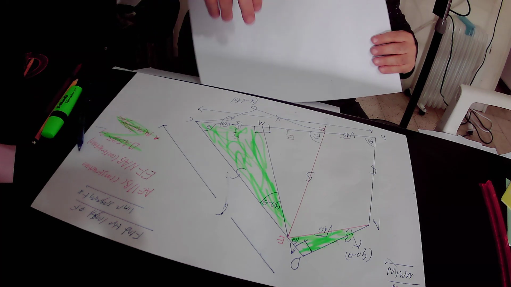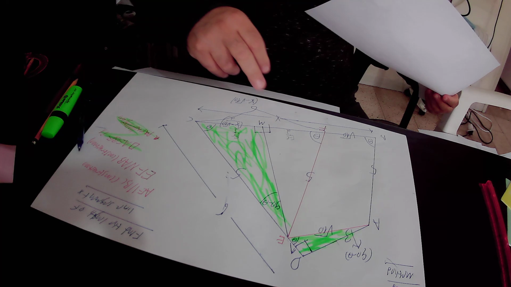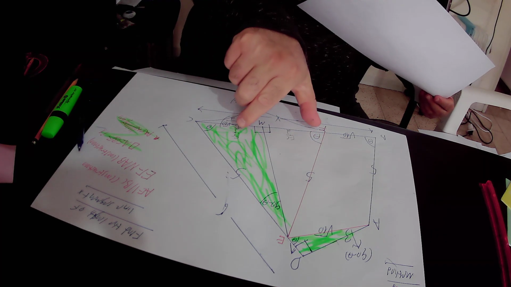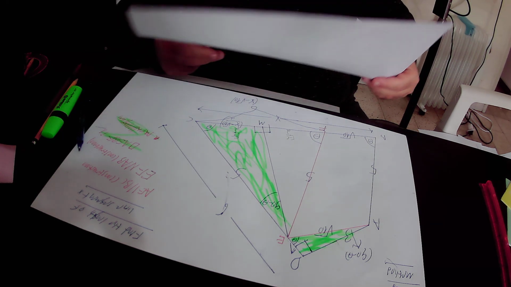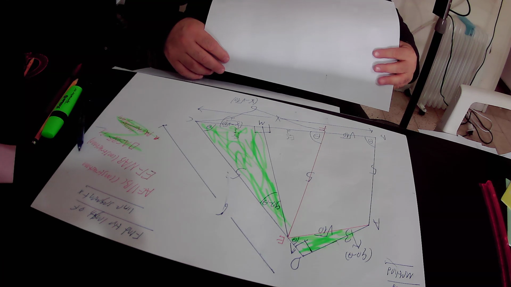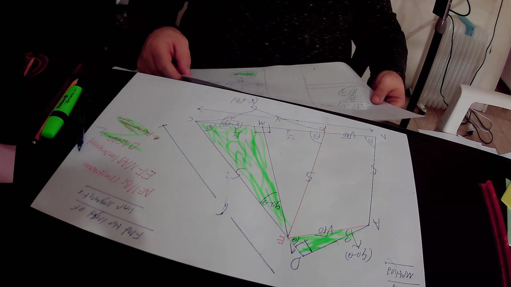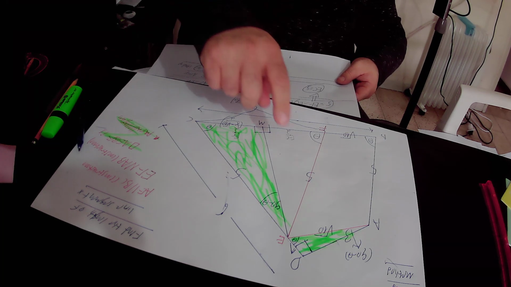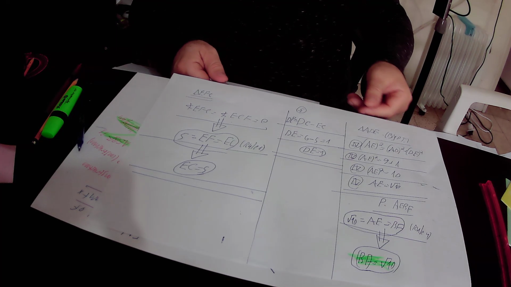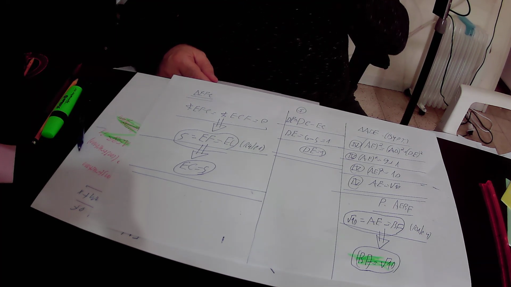So in triangle EFC, we know that angle EFC equals angle ECF and they are both equal to theta.